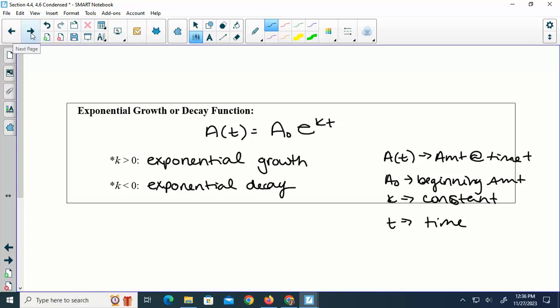So let's look at an example of that. With these, we'll have to try to create the equation. In the equation, you have to have that A sub 0 and the k value. E is just a number on our calculator. The t is the variable that we'll keep in there.